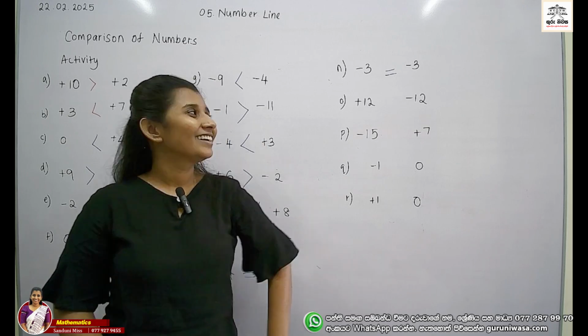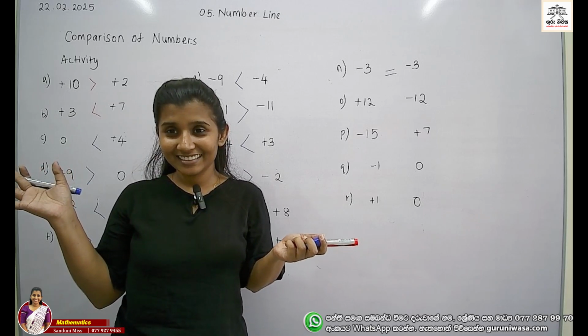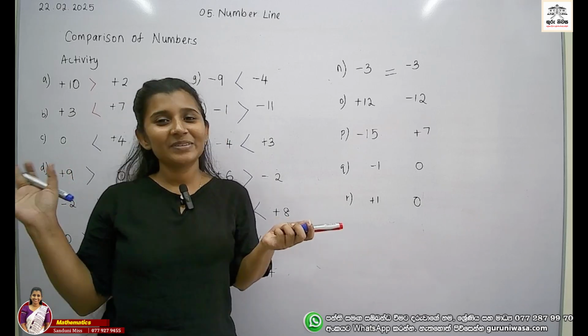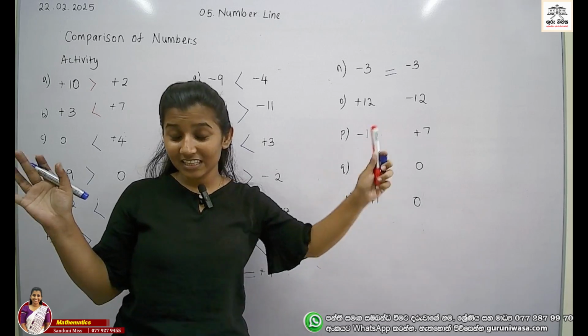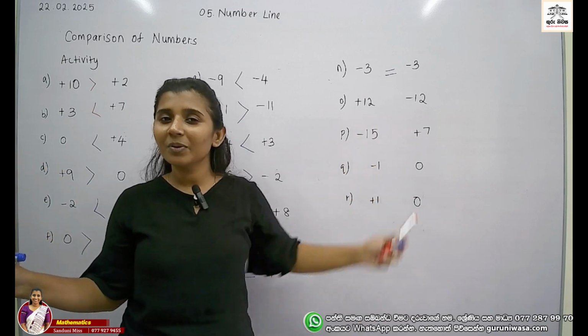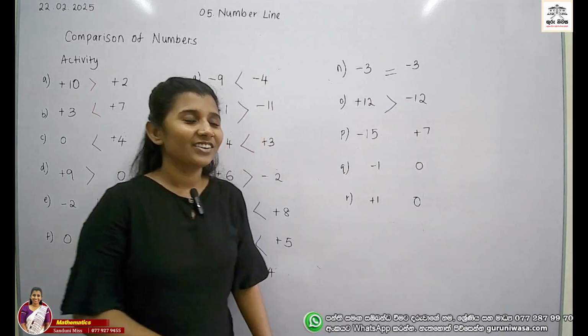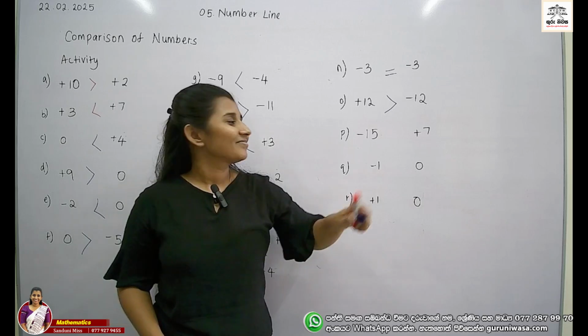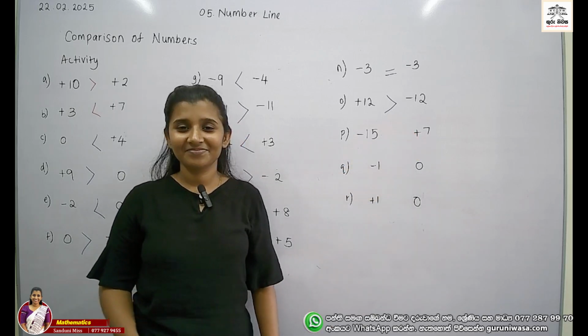Positive 12, negative 12, equal? No. Positive 12 is bigger. Yes, teacher. I told you, when positive and negative numbers are there, always the positive is greater. Right. Negative 15, positive 7. Positive 7.